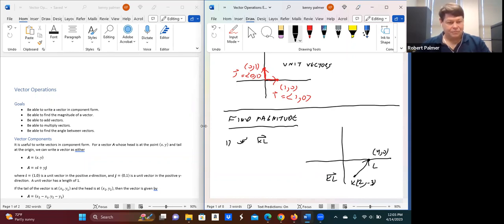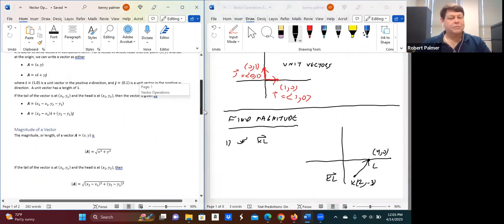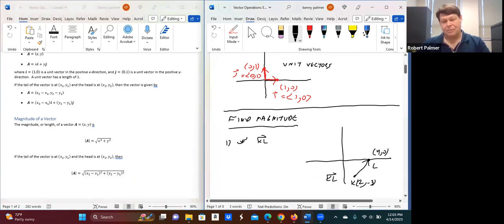Basically, how we do that is essentially the same as the distance formula. So if you remember the distance formula from algebra, same thing. Okay, and so we can do that.